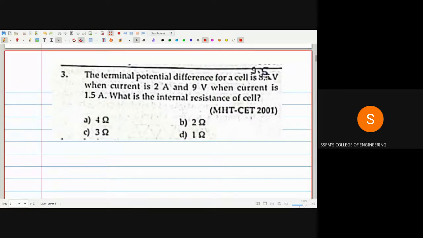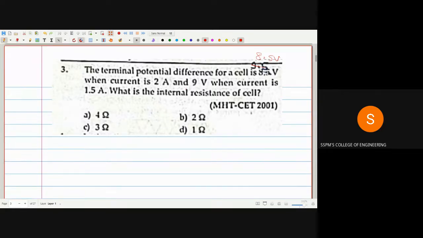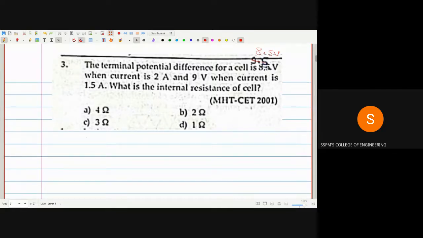आता इथे काय दिलंय बघा, the terminal potential difference for the cell is 8.5 volt when the current is 2 ampere, and 9 volt when the current is 1.5 ampere. What is the internal resistance? तर त्याचा इंटरनल रेजिस्टन्स काय असणार आहे? इथे पण दोन केसेस दिलेला आहे. तर एक व्होल्टेज सोर्स दिलेला आहे इथे, ते मी व्होल्टेज सोर्स ड्रॉ करतो इथे, आणि त्याचा इंटरनल रेजिस्टन्स लेट कन्सिडर R. त्याचा इंटरनल रेजिस्टन्स किती आहे?